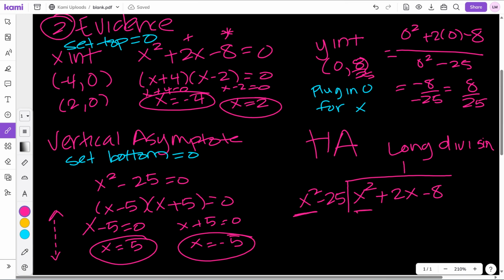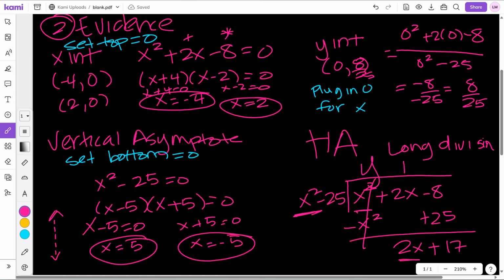Just a 1. So this is going to be x squared minus 25. There's no middle, right? When I multiply that, there's no x term. Change the signs, and this is going to go away. So I have 2x plus 17. Nothing I can multiply by x squared to get 2x. So y equals 1 is my horizontal asymptote.